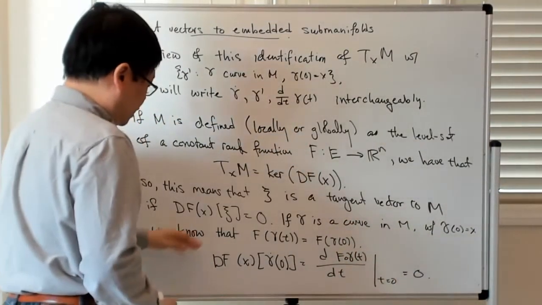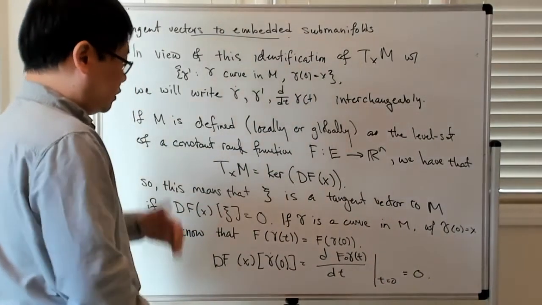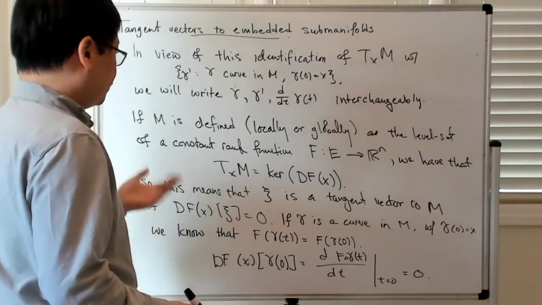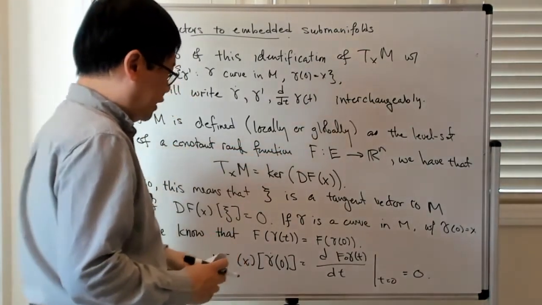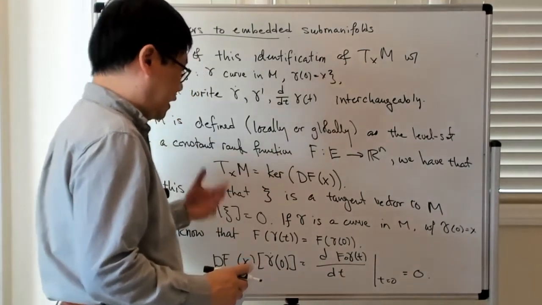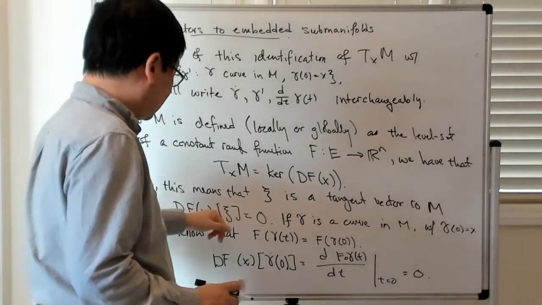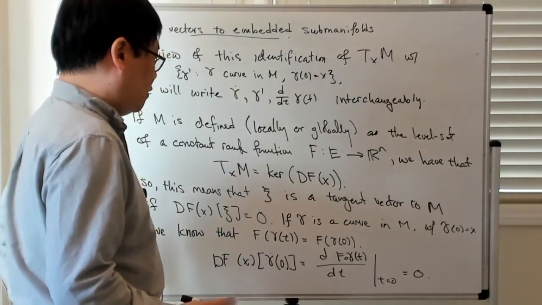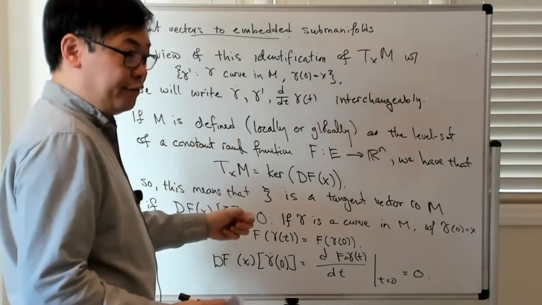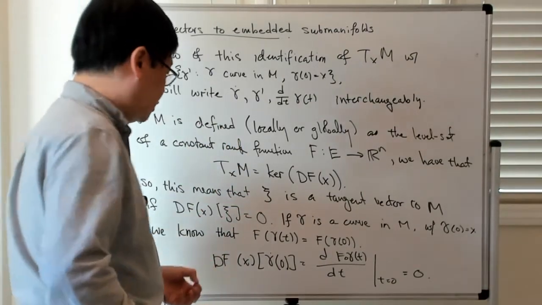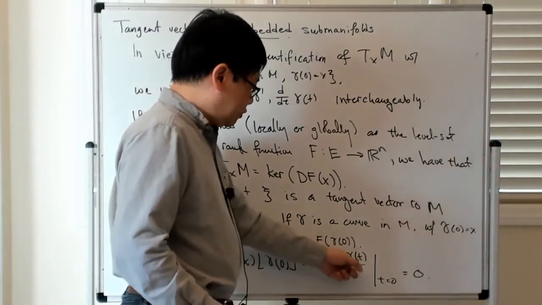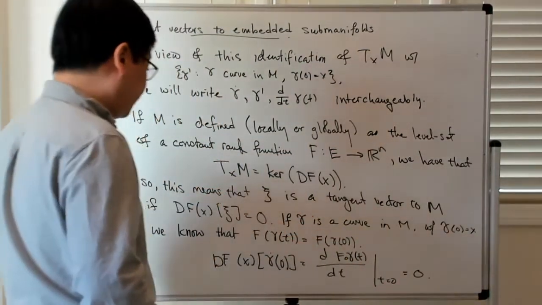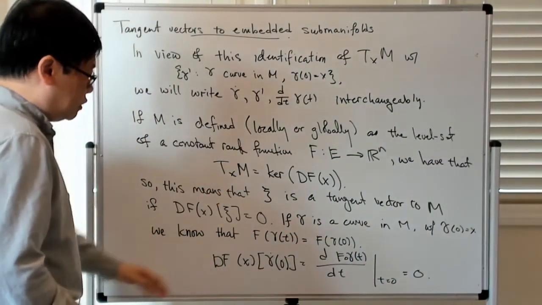So that's the way you show that a tangent vector to M, where M is viewed as the level set of this constant rank function F, is going to be in the kernel of the linearization of the map. And it just comes from the fact that the value of F on any point in the manifold is constant, right? So this composition F composed with gamma is going to be constant. So its derivative, when you evaluate at 0, well, its derivative in general is going to be 0. Okay, so that's how you check that.